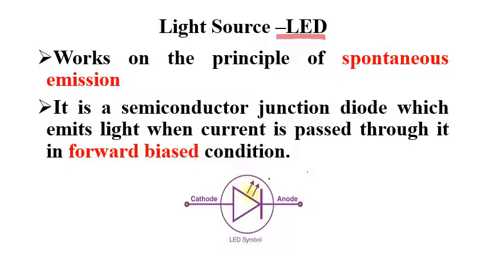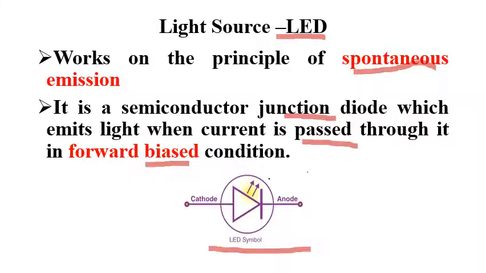LED, light emitting diode. It works on the principle of spontaneous emission. It is a semiconductor junction diode in which light is emitted when current is passed through it in the forward bias condition. This is the symbol for LED.